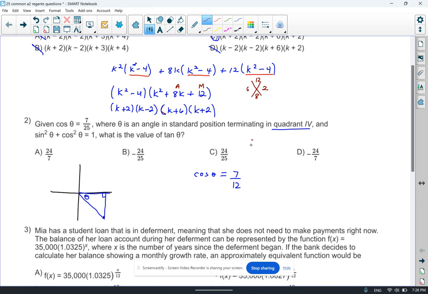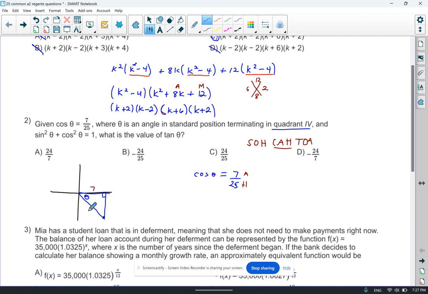So I think SOHCAHTOA, whenever I do trig, what you learned way back when, it really is used a lot. And I know cosine is adjacent over hypotenuse.